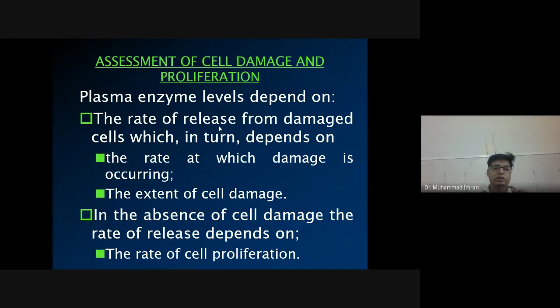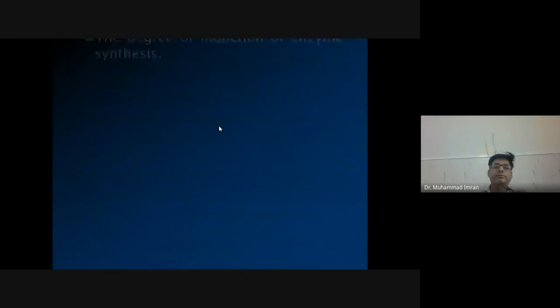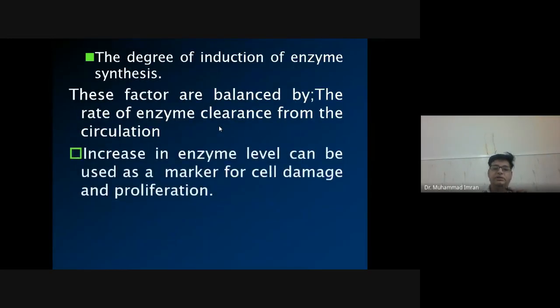During liver cirrhosis, ALT, AST levels are going to increase. During other muscle disease, LDH5 and CK3 levels are going to increase. So these enzymes are released during the cell damage, and are very important for the clinical diagnosis of the disease.